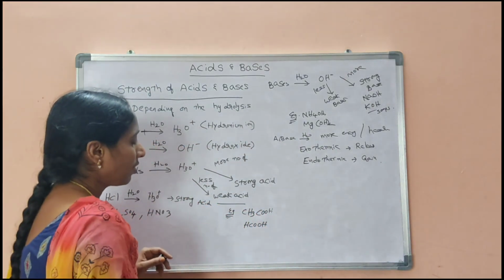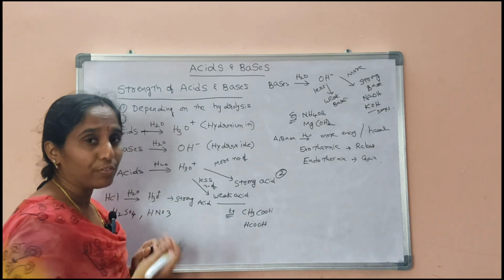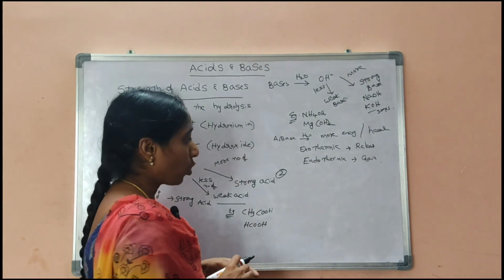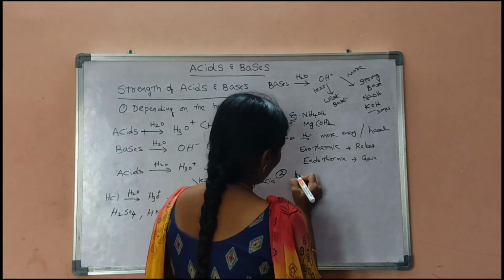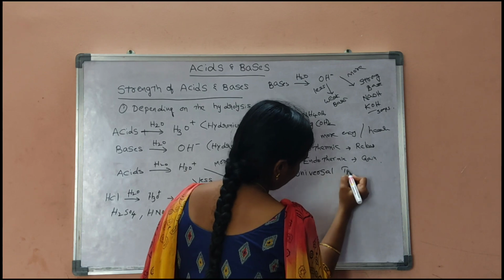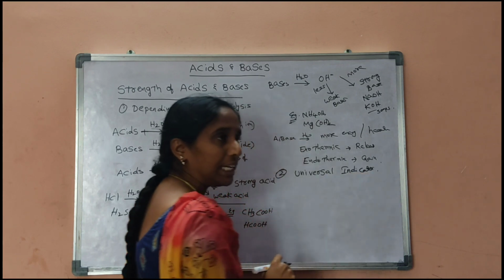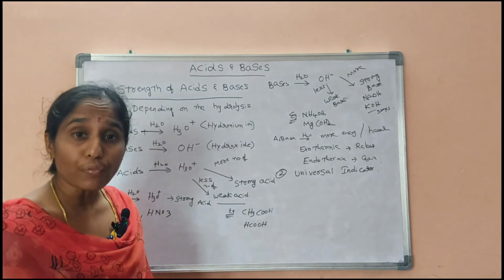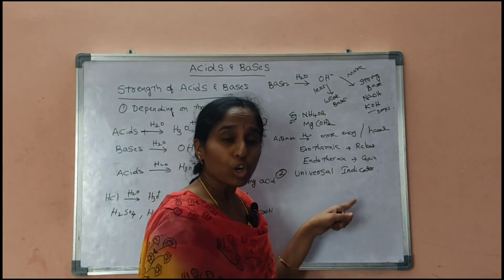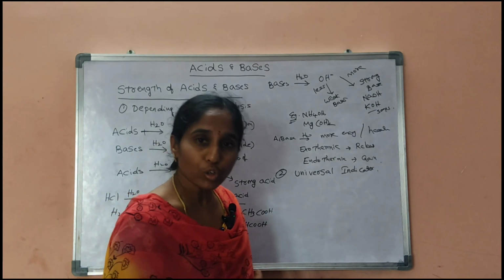Okay? Next, another method to identify which acid is strong or weak, which base is strong or weak, that is universal indicators. Universal indicators means mixing of different indicators. These indicators show different colors in different concentrations of the solution.